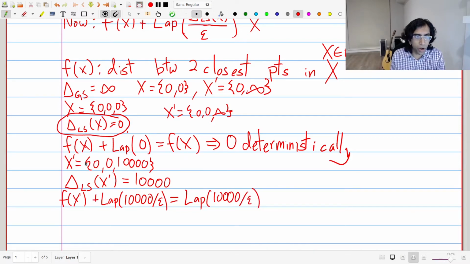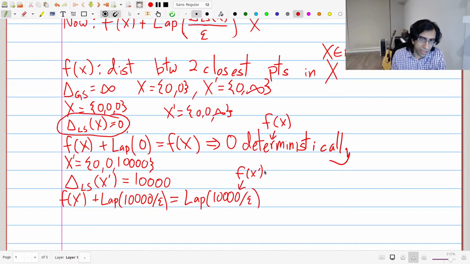Now I want to draw your attention to something here. If the algorithm was given x, it would output 0 deterministically. And if it was given the input x prime, which is indeed neighboring, it'll output a sample from the Laplace distribution with parameter 10,000 over epsilon.